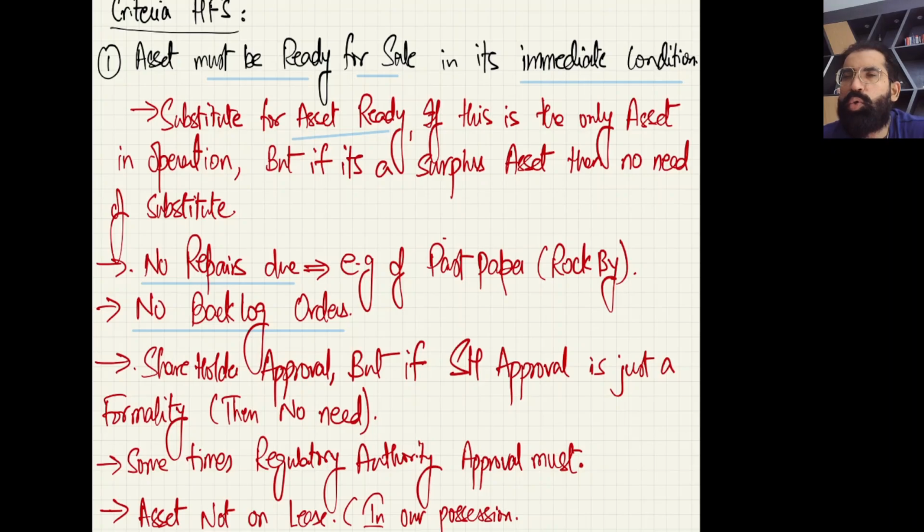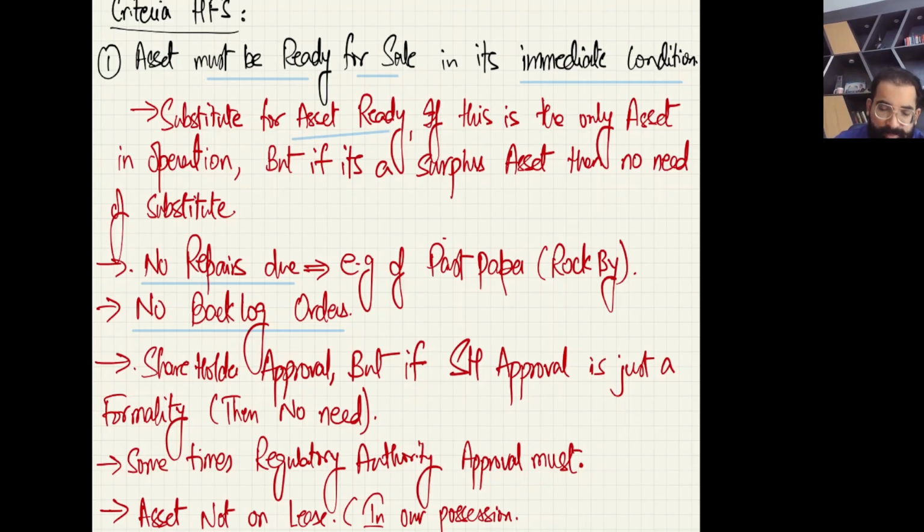I will produce 1 million markers and then deliver them, and I will produce those markers from this same machine. So that means this machine is not held for sale, because first I have to fulfill my contract. I have to use it in my production, and only then can I sell it. So right now it's not held for sale in its present condition.